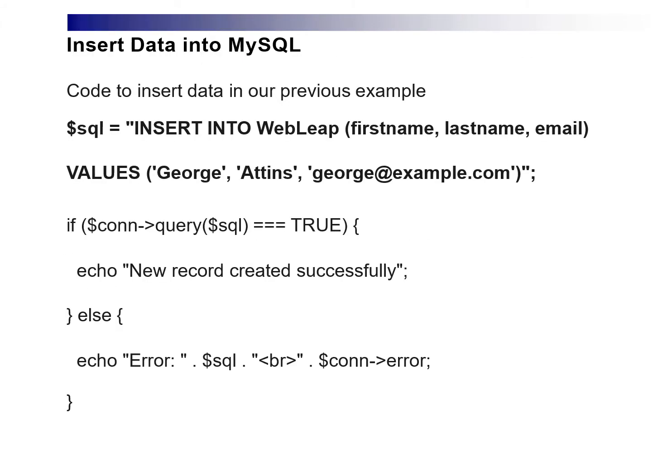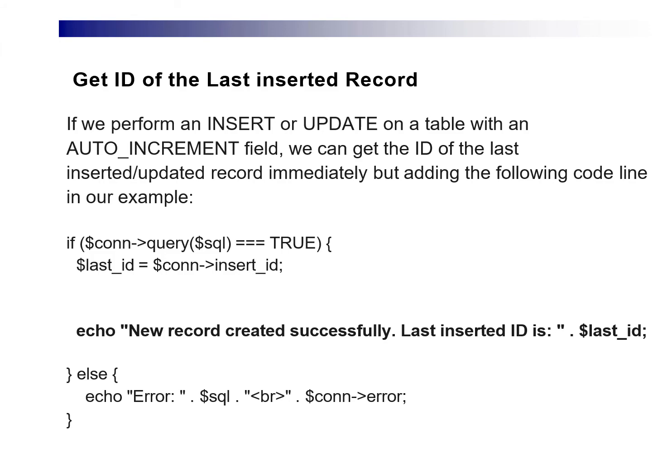Here you can see the code which we can use to insert data into a MySQL database. If we perform an insert or update on a table with an auto-increment field, we can get the ID of the last inserted record immediately by adding the following code line.